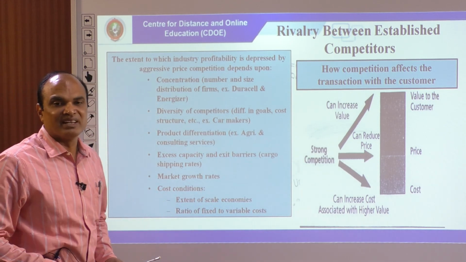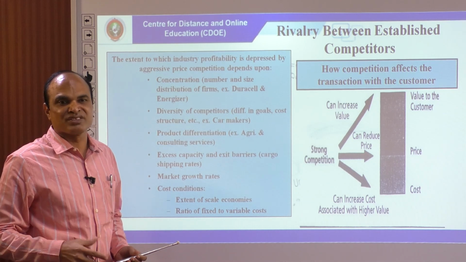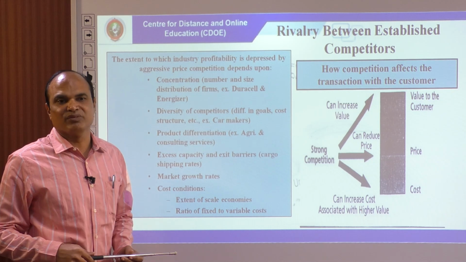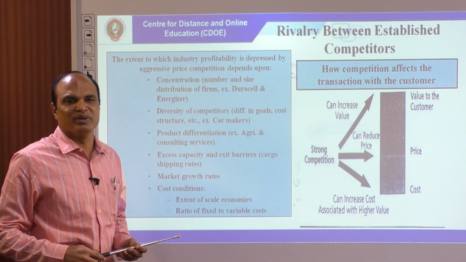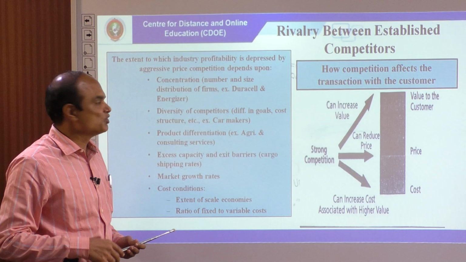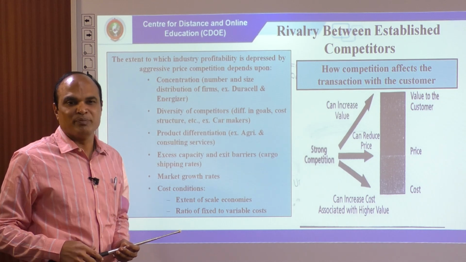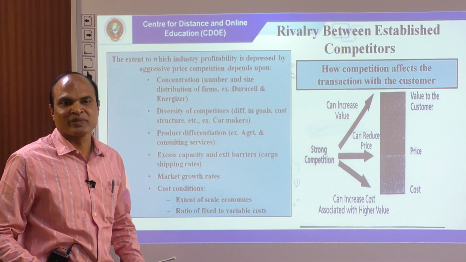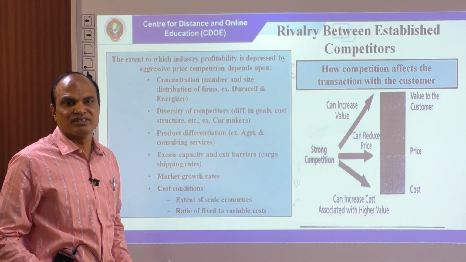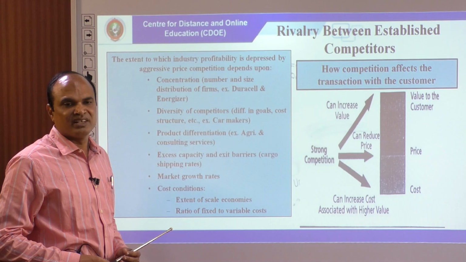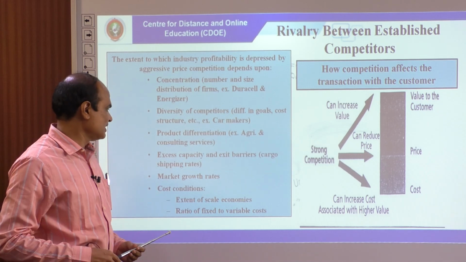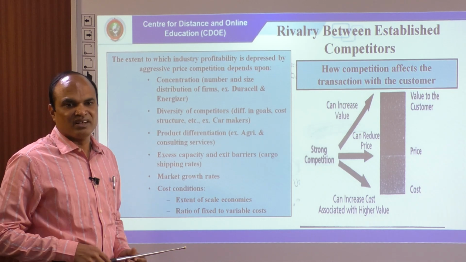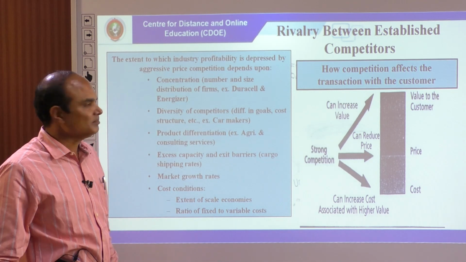The rivalry between established players shows the extent to which industry profitability is depressed by aggressive price competition. It depends on many factors: concentration, diversity of competitors, product differentiation, excess capacity and exit barriers, market growth rates, and cost conditions.